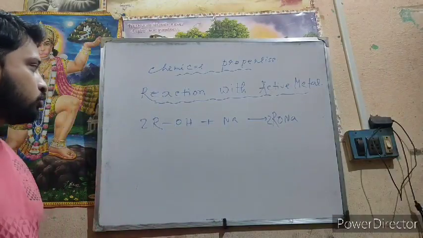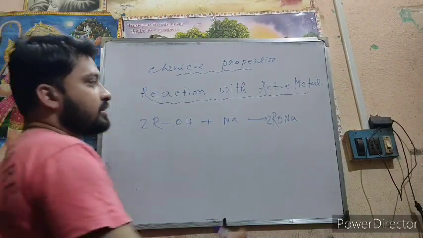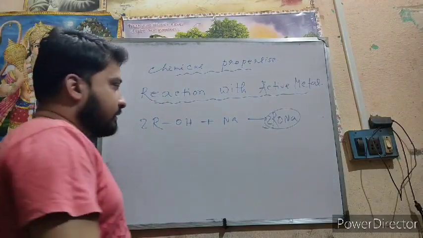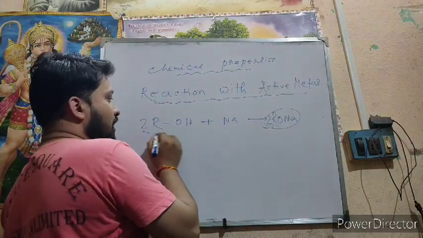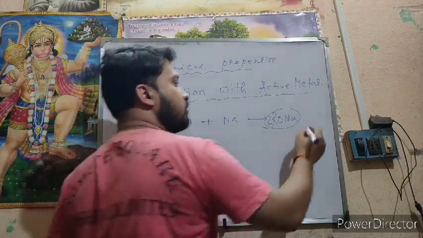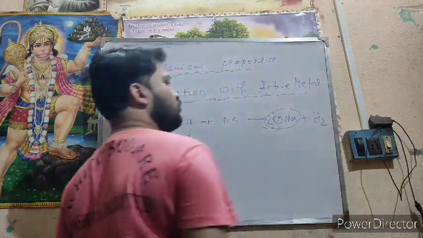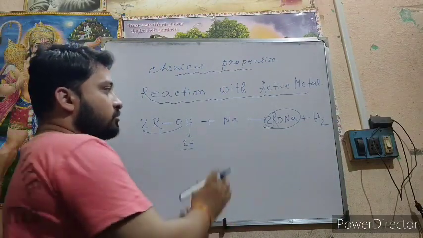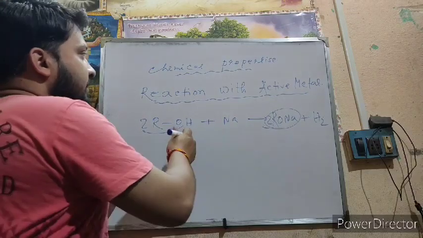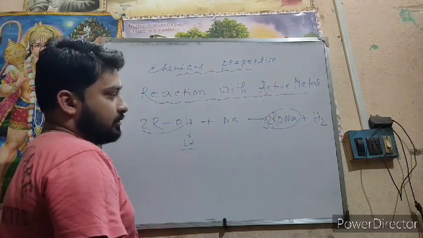You get 2 RONa. So the product is sodium alkoxide, and the side product is, since 2 RO is used, so 2H, so the side product is H2. Very simple. It is a short trick. So this is the reaction with active metal.